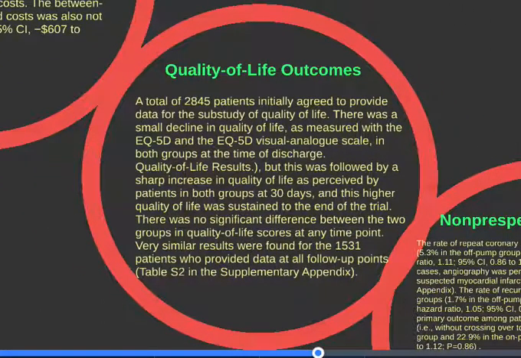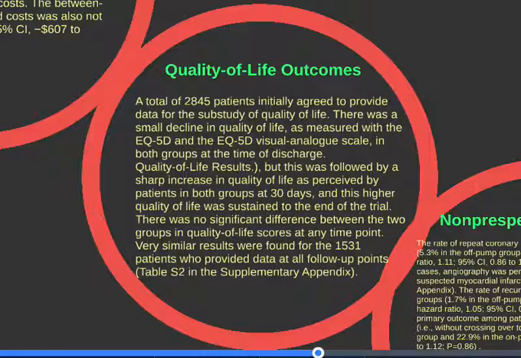Quality of life outcomes. A total of 2,845 patients initially agreed to provide data for the substudy of quality of life. There was a small decline in quality of life, as measured with the EQ-5D and the EQ-5D visual analog scale, in both groups at the time of discharge.